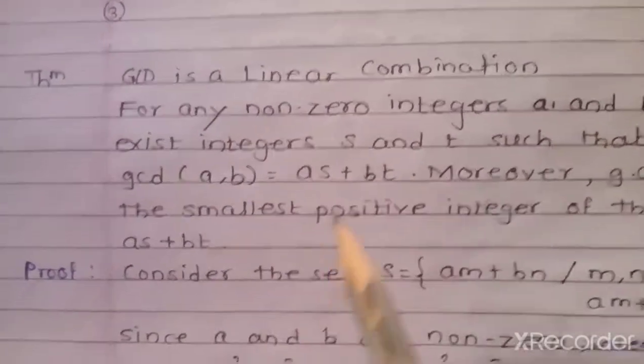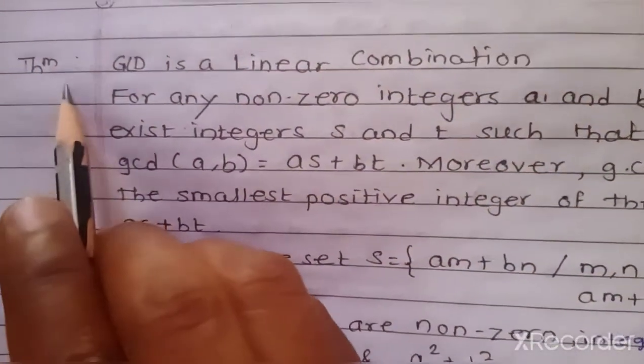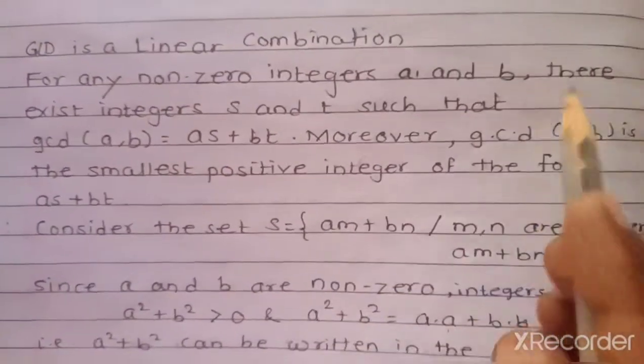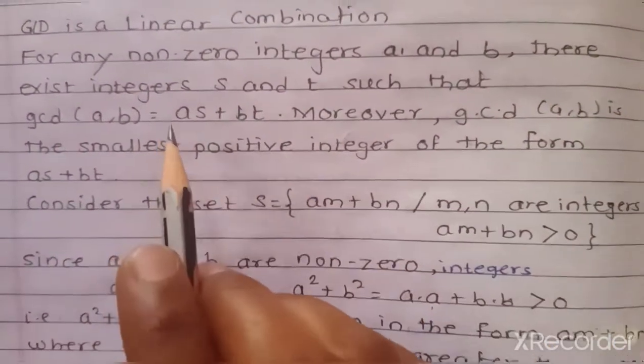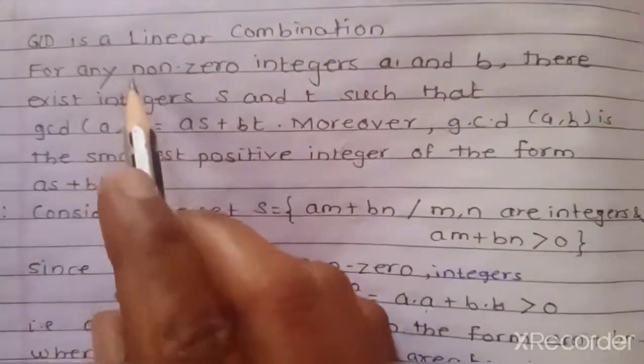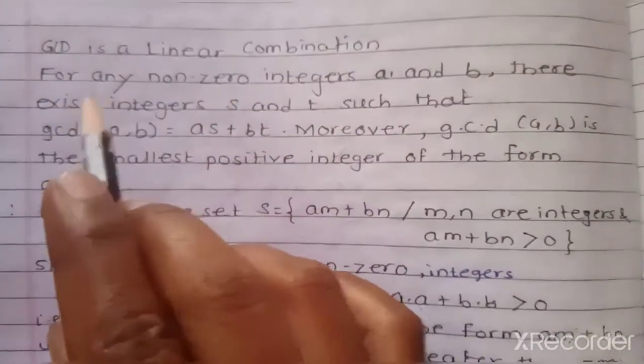Now we discuss the next theorem, which is related to GCD: the linear combination. First of all, see its statement, it is one of the important theorems.